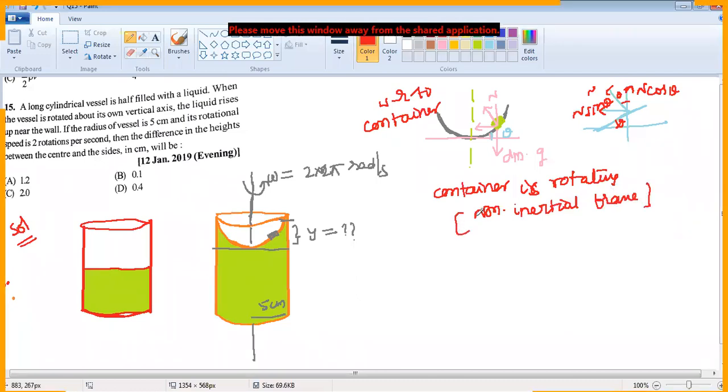So a pseudo force acts here. So this is n sin theta, and the pseudo force in the opposite direction is the centrifugal force. So the centrifugal force equals dm into omega square into x.